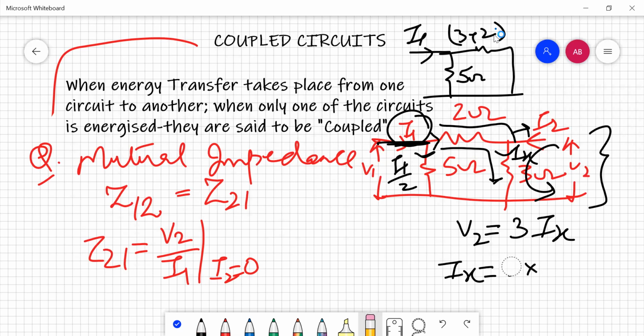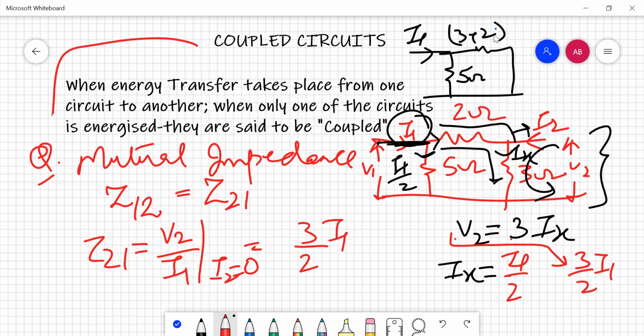So here it will be I1 by 2. And here I am going to put the value. So this will become 3 by 2 I1. So I'm going to put the value here. So this will give me 3 by 2 I1 divided by I1. This cancels out and the value will be 3/2 ohms. So only this you have to do for conductively coupled circuits.